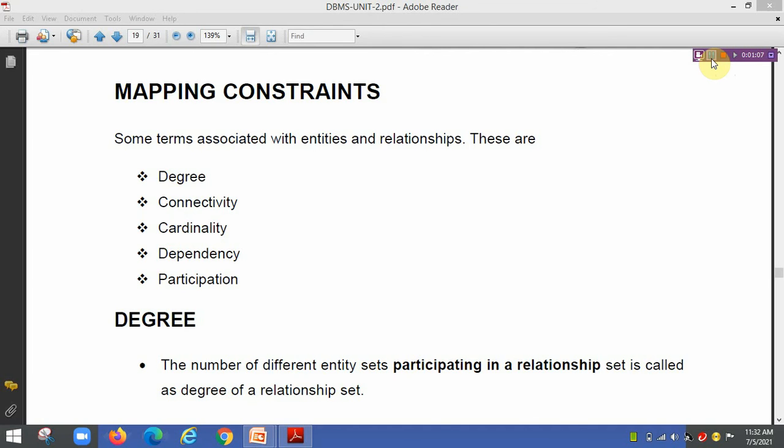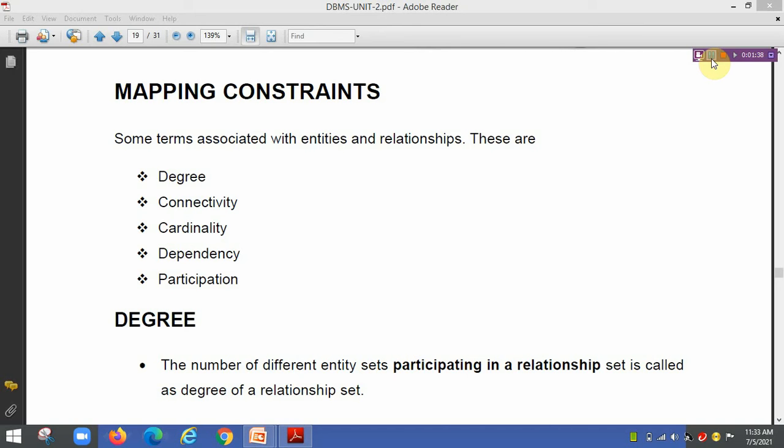Mapping constraint. Some terms are associated with entities and relationship. All of you know about the entities and also the concept of relationship. So with the entities and relationship, some terms are associated. What are the terms? First is degree, second is connectivity, third is cardinality, fourth is dependency, fifth is participation.